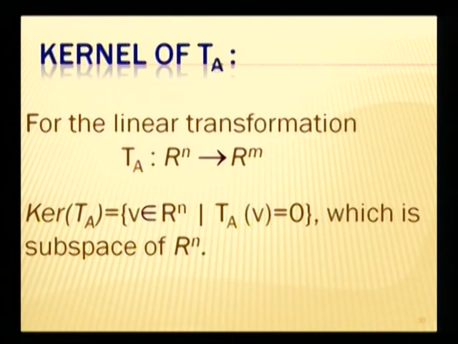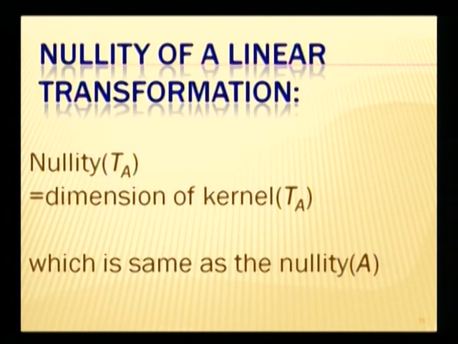And the kernel of TA is a subspace of Rn, or we can say the kernel of TA is a subspace of the domain of the transformation. And the dimension of the kernel of TA is called the nullity of TA, which is the same as the nullity of A.